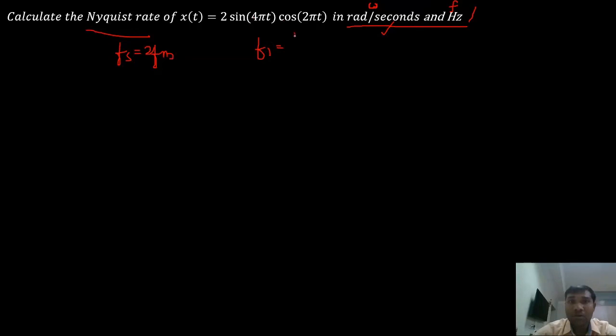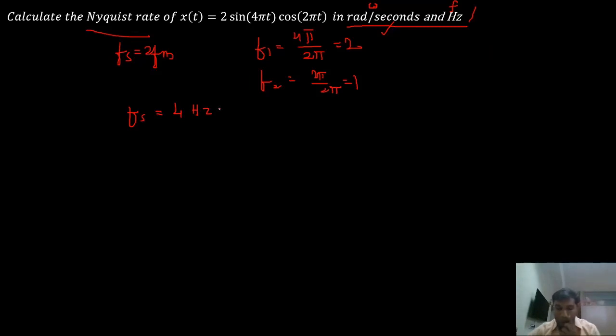F1 is equal to what? 4 pi by 2 pi, that is equal to 2. And F2 is equal to 2 pi by 2 pi, that is equal to 1. So the maximum frequency component is 2. So Fs is equal to 2 into 2, 4 Hertz. Then omega s we have to calculate.